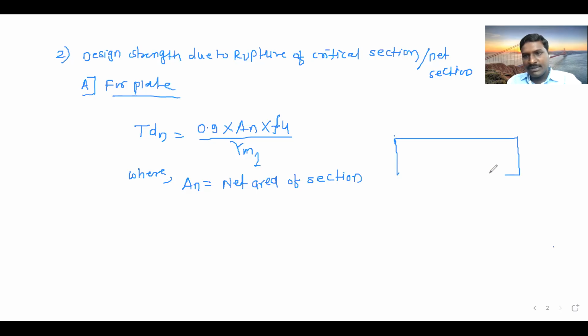If this is the plate, or two plates we have connected with bolts, and here we apply a tensile force.